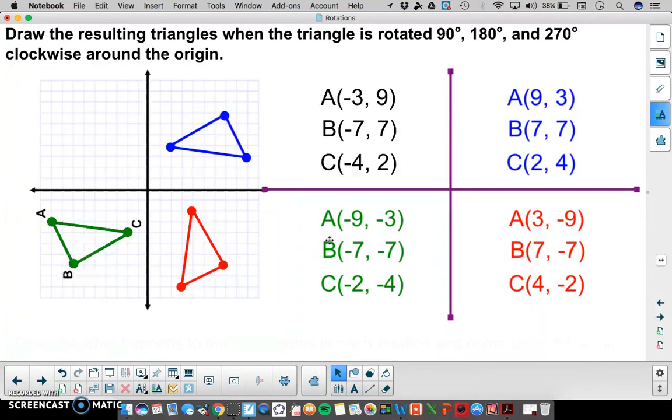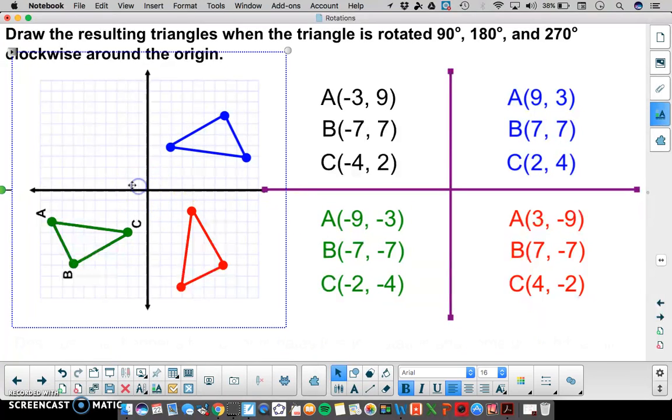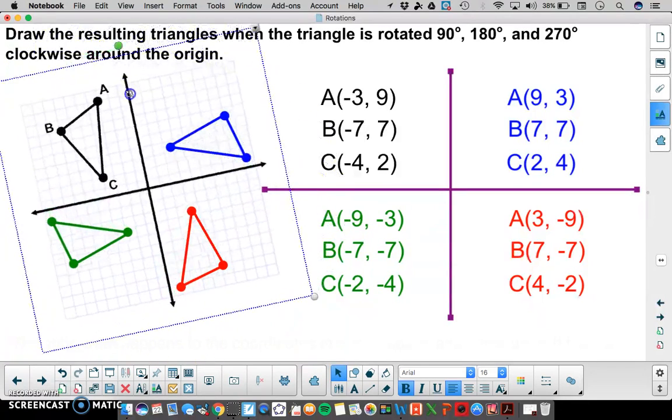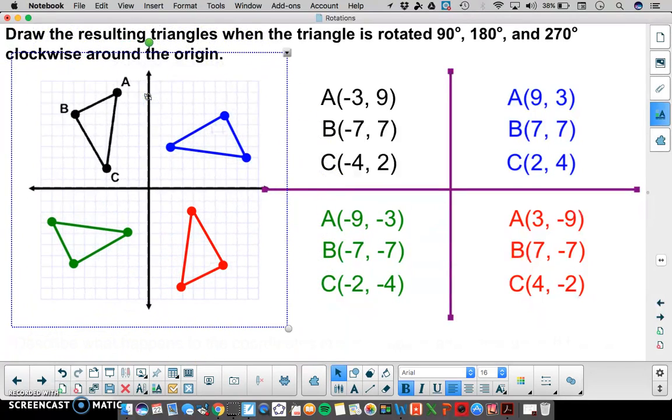And those are the image points for my 270 degree rotation. Now notice if I were to go 90 more degrees, that's one full rotation, and I'm back in my original position. So 0 and 360 degrees will actually be the same rotation.